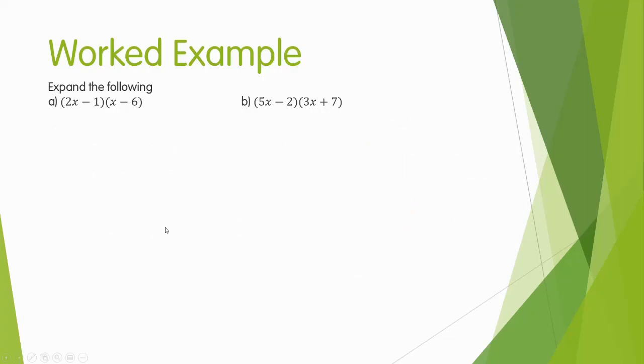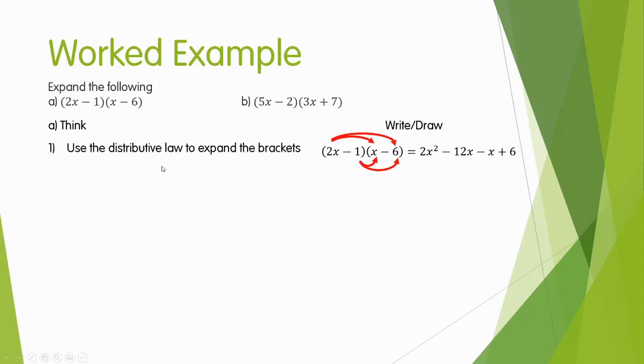So here we have some more complicated examples. We have 2x minus 1 and x minus 6. So we've got minuses in both of these brackets. And over here, we have 5x and 3x, which will make this a little bit more complicated as well. So this is my thinking, this is my writing and drawing.